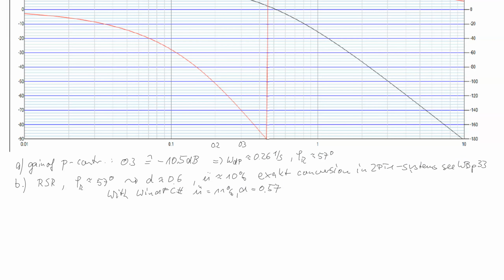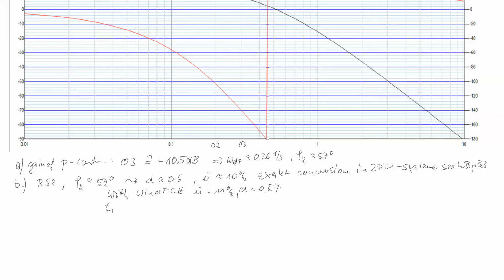So my estimation was not bad. If you want calculated values of the phase margin, then we expect 10% overshoot. What can we say more about the reference step response?